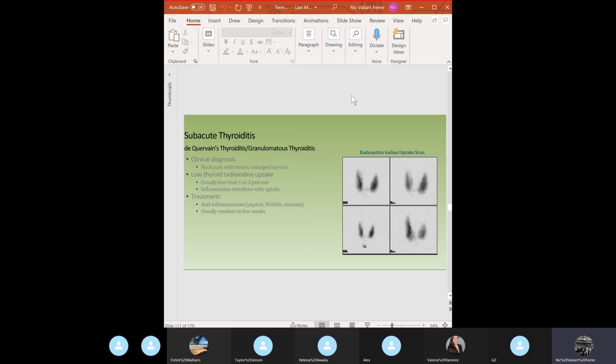How do we diagnose this? Check for clinical diagnosis, neck pain with enlarged thyroid and low thyroid radioiodine uptake. The rule for radioiodine uptake is, remember hot nodule versus cold nodule? Cold nodule, less uptake. Hot nodule, more uptake. Meaning, if they're uptaking the iodine, they have an increased uptake of iodine, it means they're working hard, right?